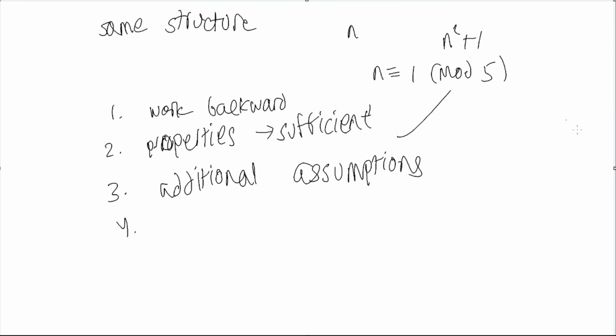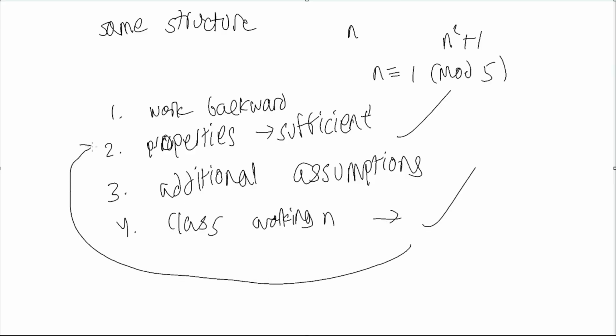And 4, you then just keep repeating the process. And when you repeat the process, if you get a class of working n, then that means that you're done. Otherwise, you go back to this step here, or go back to this step here, or go back to this step here.